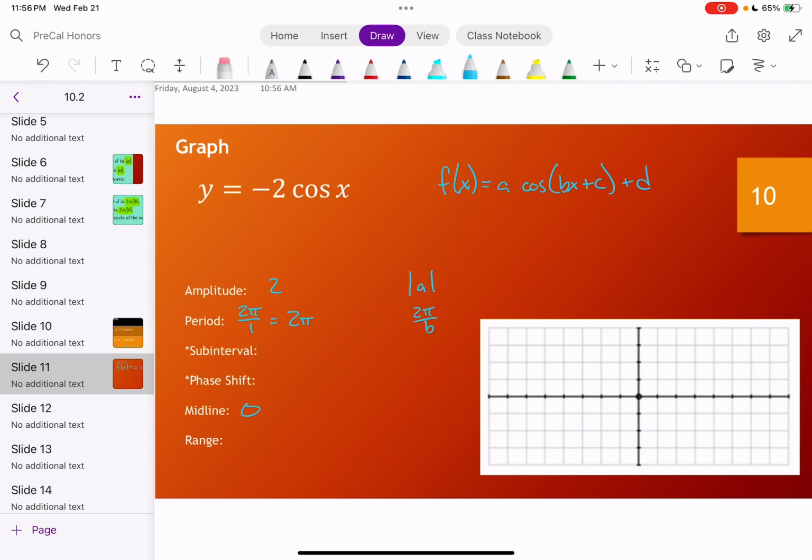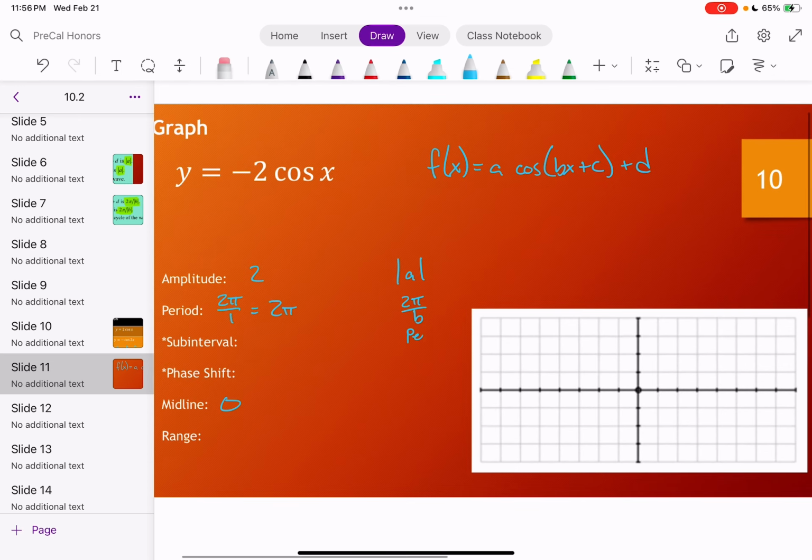The subinterval is the period divided by 4. We're going to grab that period, which is 2 pi, divide by 4, which would leave us with pi over 2. Our phase shift is negative c over b. In this case, we do not have a c, which means this is 0 over 1, or 0 for the phase shift.